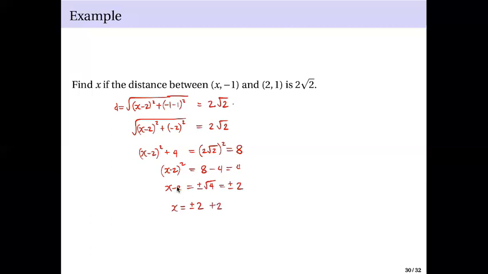The plus 2 came from this guy here. You move it to the other side. Which means two possible values for x again. X equals plus 2 plus 2, that's equal to 4. Or the other one, you have x equals minus 2 plus 2, that's equal to 0. So these are the values for x.